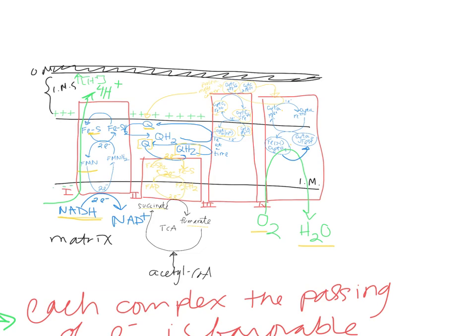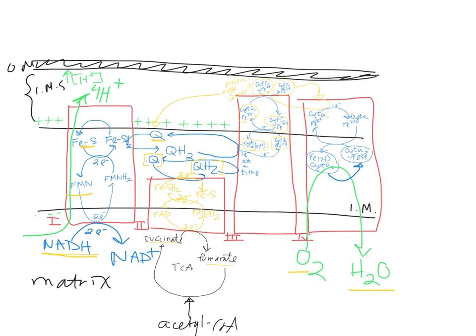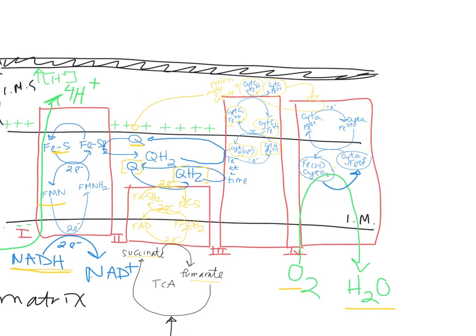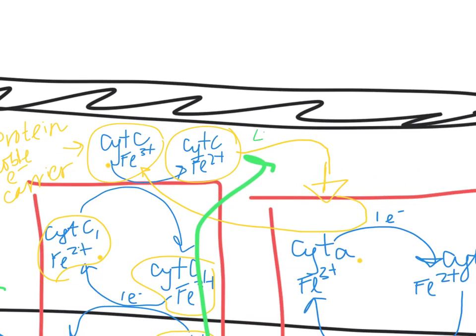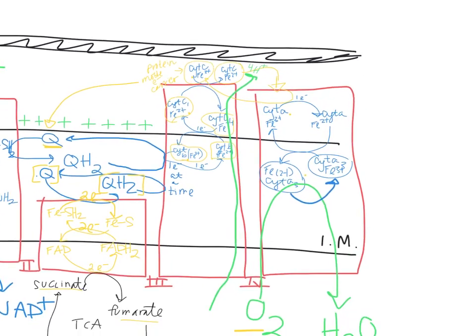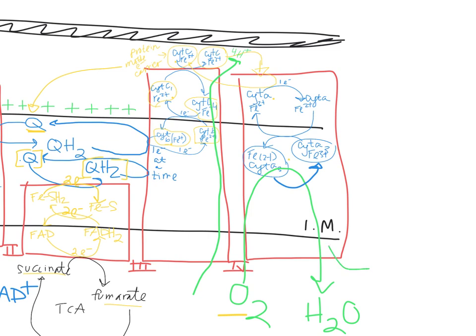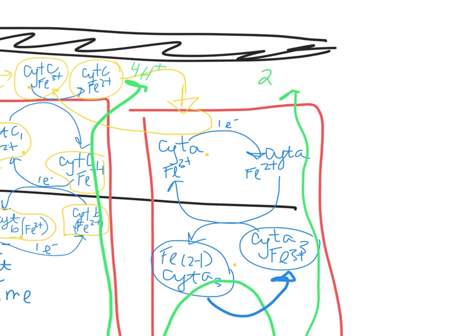Complex 2 does not pump any. That's why I have drawn it only halfway through the membrane, because it doesn't pump any. Complex 3 also pumps protons, again 4 protons. And then complex 4 spans the membrane and also pumps protons, but here it's only 2 protons.